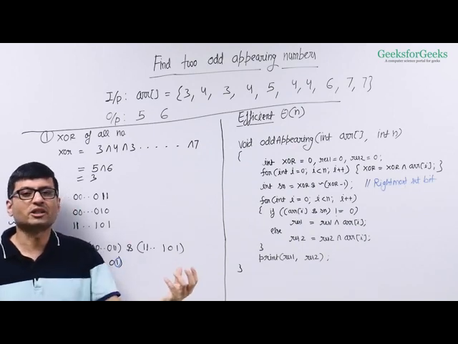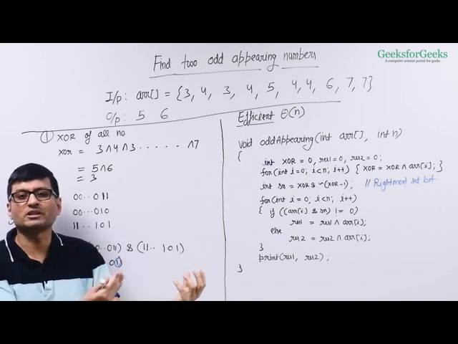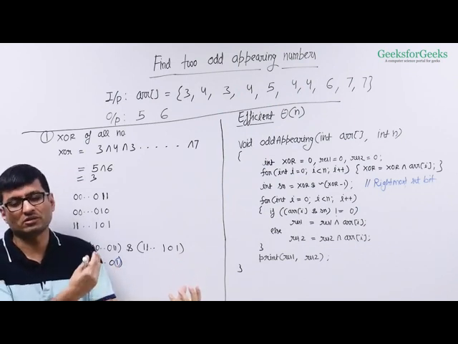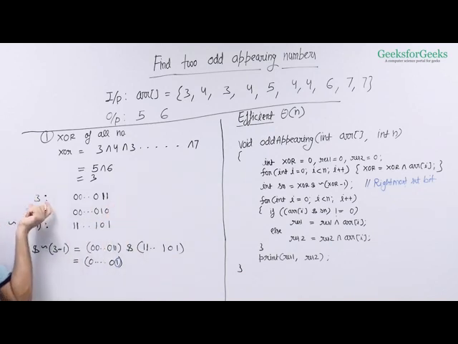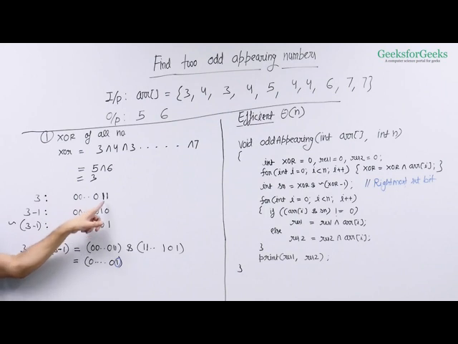The last set bit is probably at the 4th, 5th position, or any position beyond the first position. So they might have been 0 in the case of numbers other than 3 which do not have the last bit set. After we find 3 minus 1, we make this 1 a 0, and if there were more bits after it, we would have changed them from 0 to 1. That's what 3 minus 1 does.